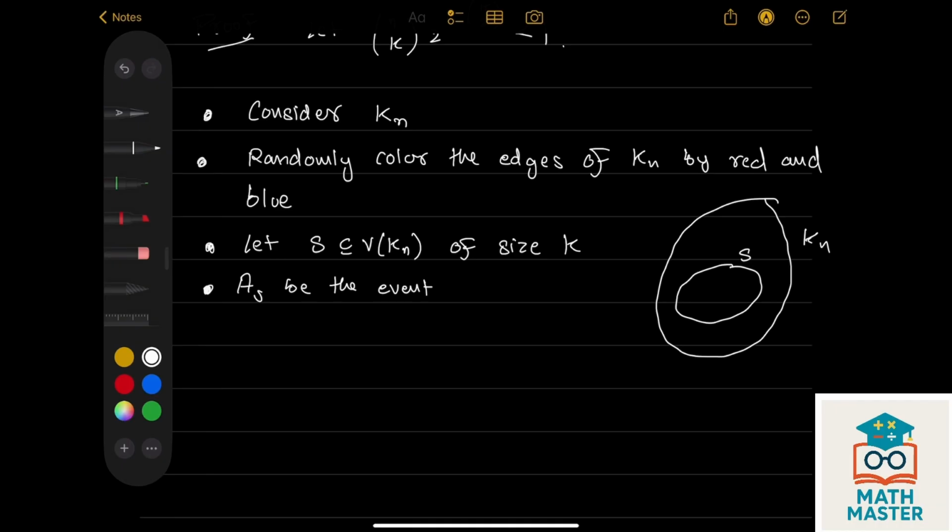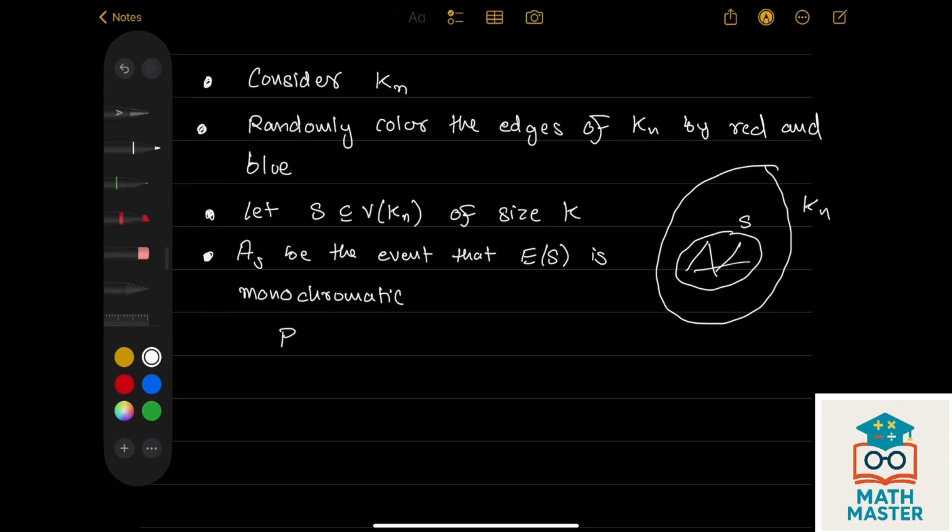I'm assuming that you know a little bit about probability. So basically all the edges in this S are monochromatic, meaning either they are all red or they are all blue. Okay, so what is the probability of this happening?